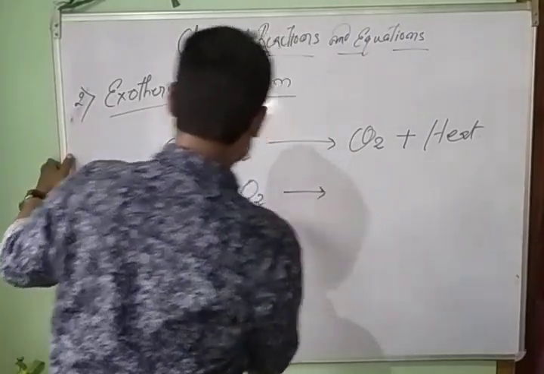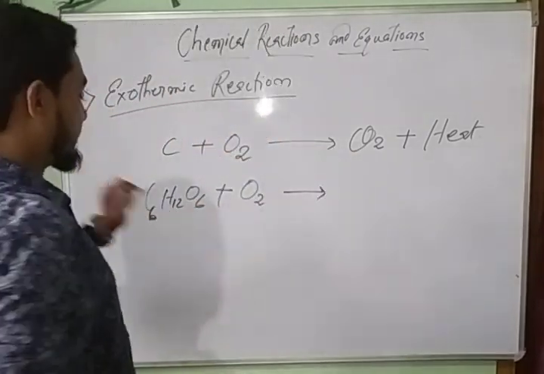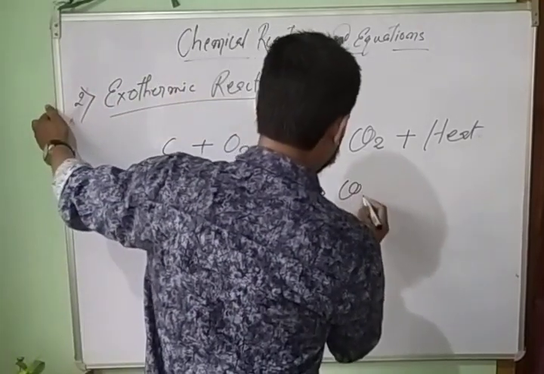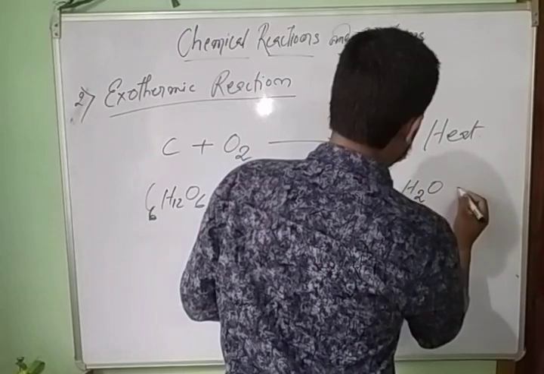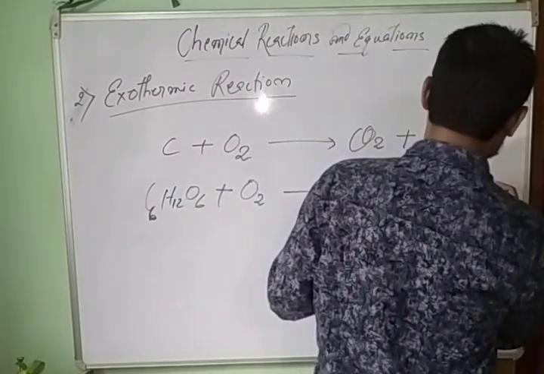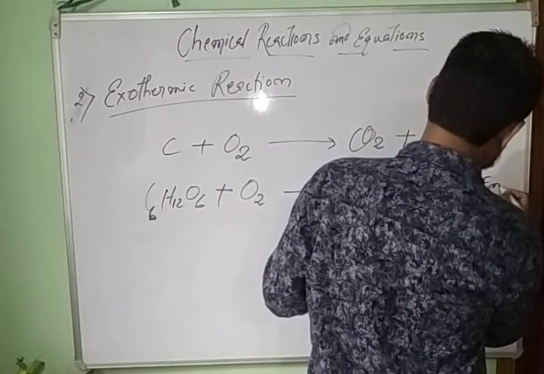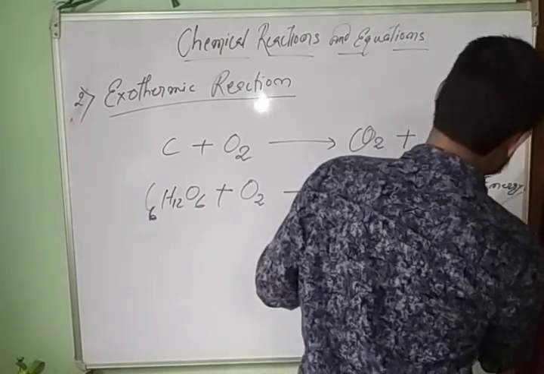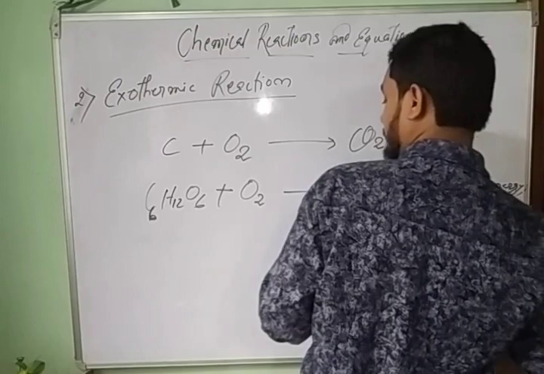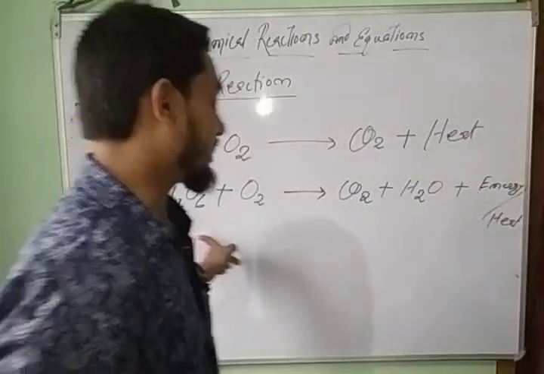That means when glucose reacts with oxygen, it produces carbon dioxide, water, and energy. Energy, that means heat. This is also an exothermic reaction.